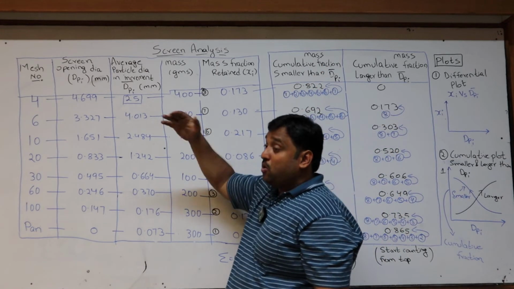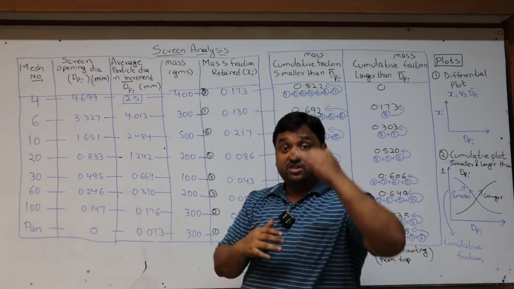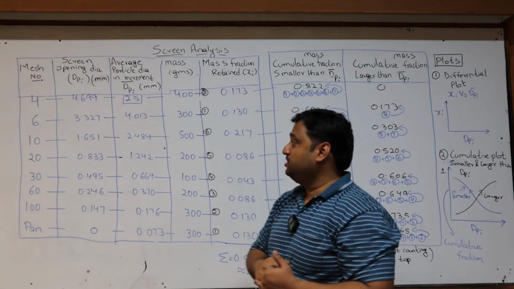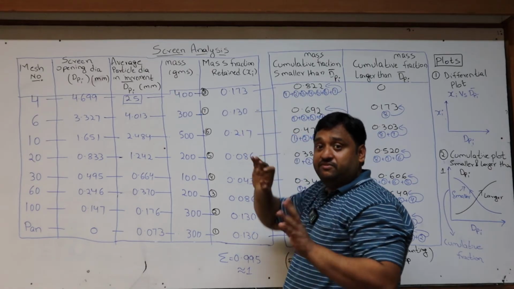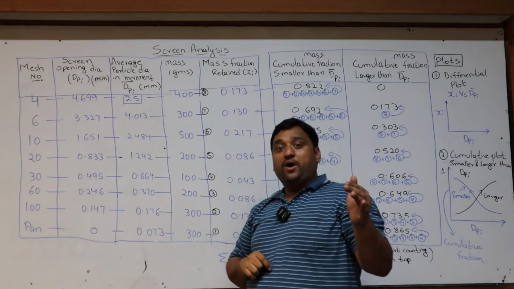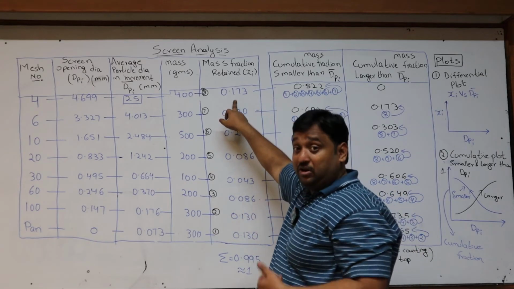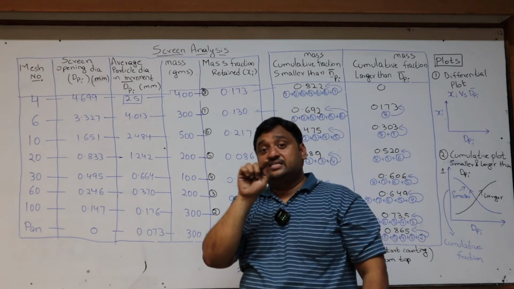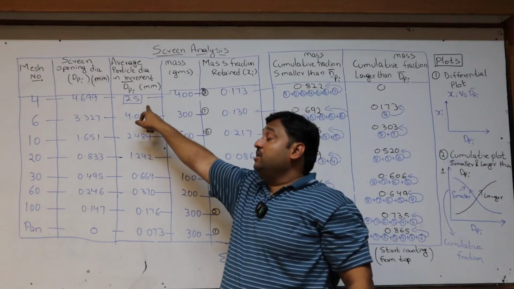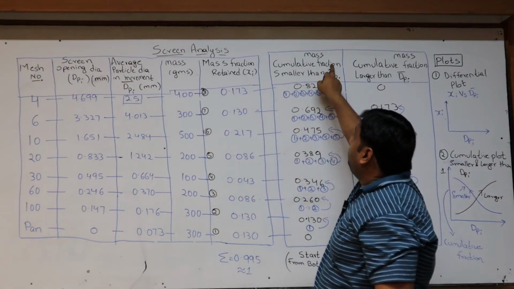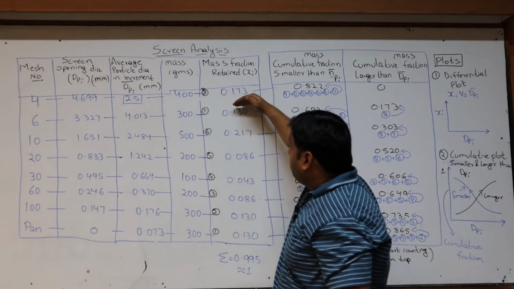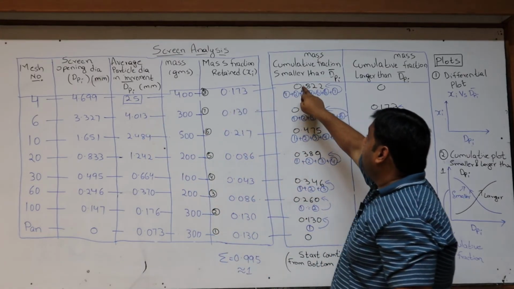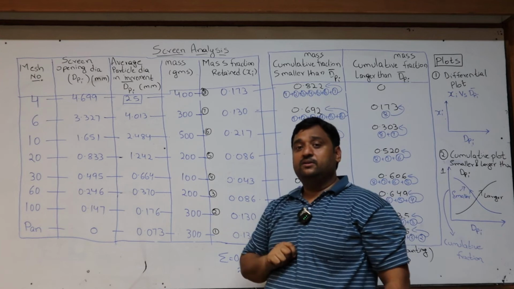That means what is the fraction of particles which are smaller than 25 mm? That means all these fractions 1 to 7. The 0.173 fraction cannot be included because it is greater than or equal to 25. As per the definition, the cumulative fraction smaller than 25 mm is up to 7. So that is why 0.822 has come.